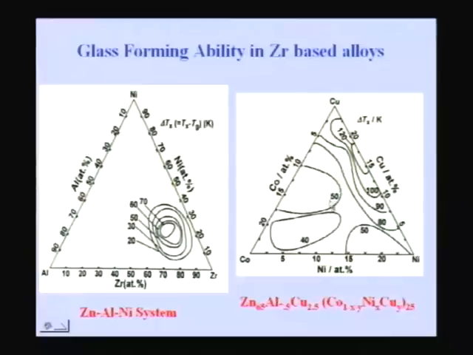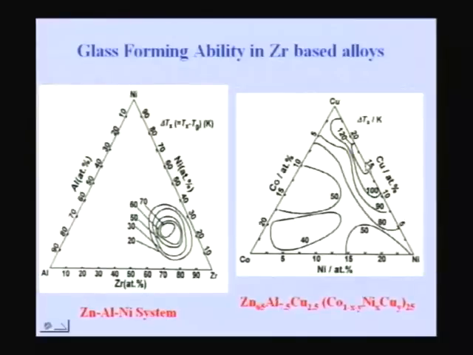What is plotted here are iso delta Tx plots. All those compositions having the same delta Tx are plotted as one line, and if you look at all these lines, finally you can come to one small domain which gives you all those compositions which have a delta Tx of 120, and you can compare that with this, which is only about 70. So 70 is the highest in this system, and the highest in this 6 component system is about 120.